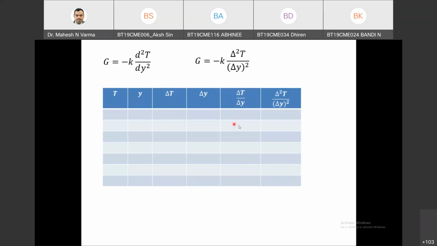So this minus this divided by delta y will give delta 2T by delta y square, and you can get the average value. That average value multiplied by thermal conductivity will give you the heat generation per unit volume.